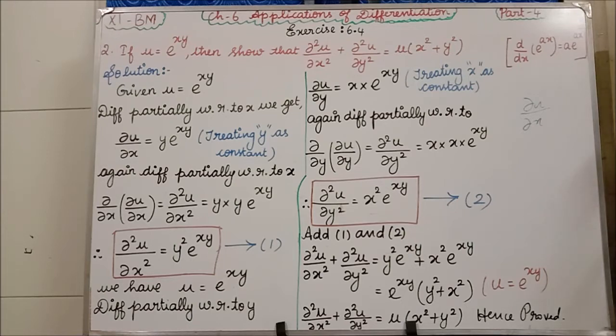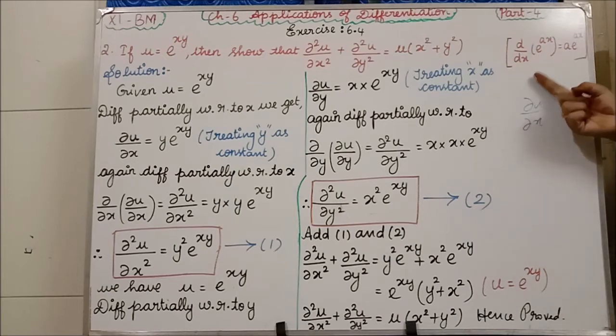Students, in the fifth chapter, differential calculus, we have written so many formulas there. Do you remember this formula? Because we have used this formula everywhere, in most of the problems. What does it mean? d by dx of e power ax.